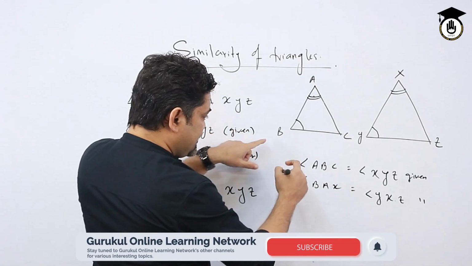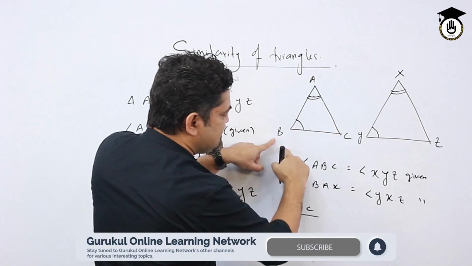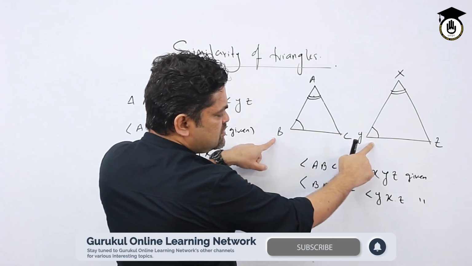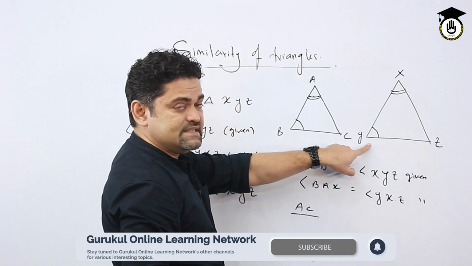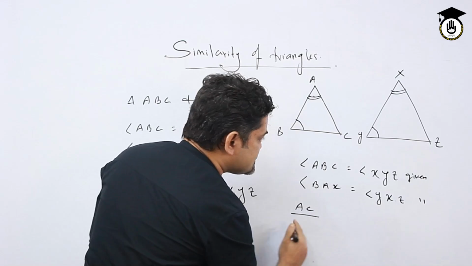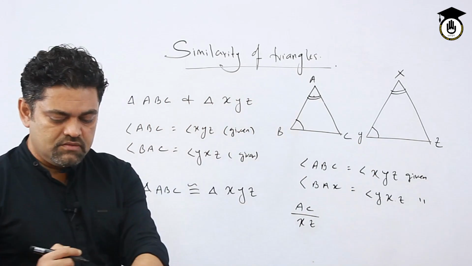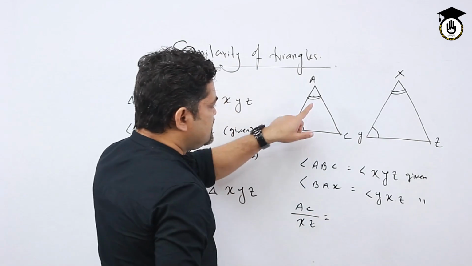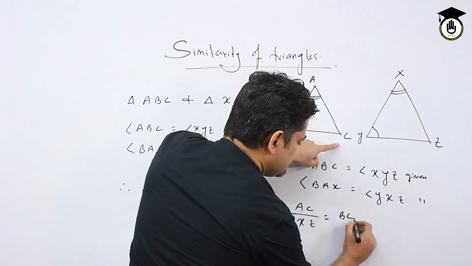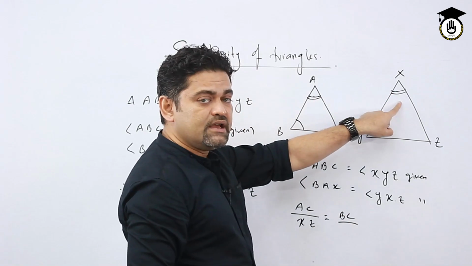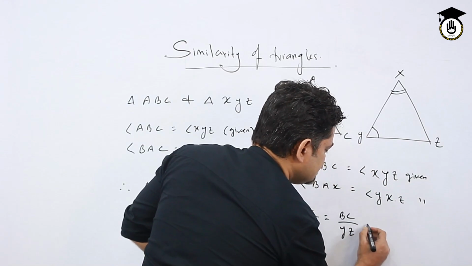If I consider angle B, the opposite side is AC, and this angle is equal to angle Y from triangle XYZ. For the same angle Y, the opposite side is XZ. Now if I consider angle A, the opposite side is BC, and the equal angle is X, whose opposite side is YZ.